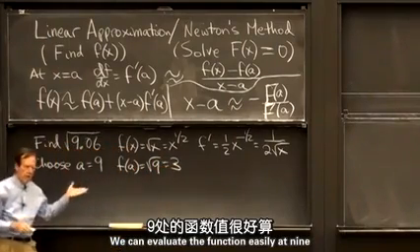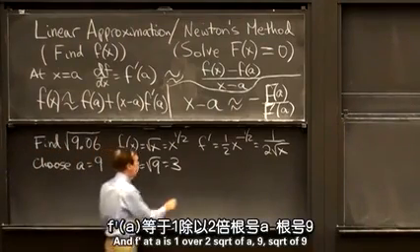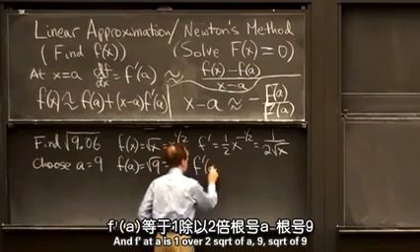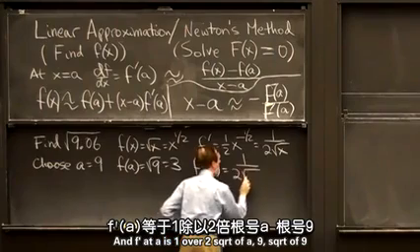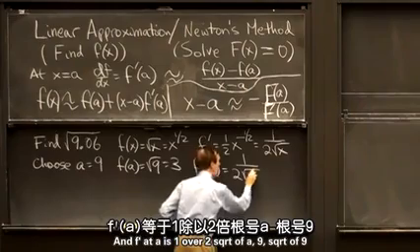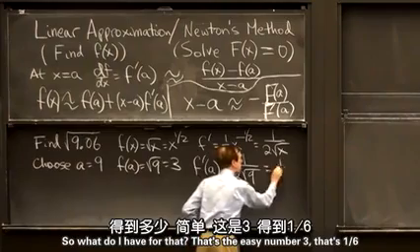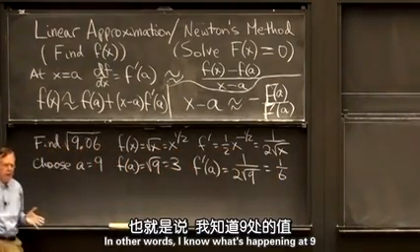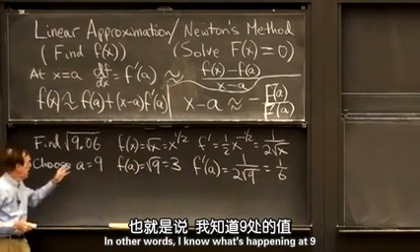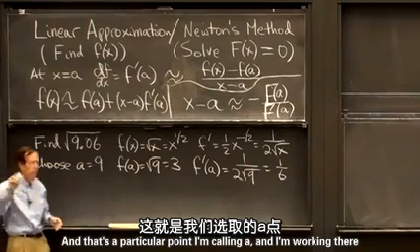That's the point: we can evaluate the function easily at 9. And f prime at A is 1 over 2 square root of A, the square root of 9. That's the easy number, 3, so that's 1/6. In other words, I know what's happening at x equal 9.